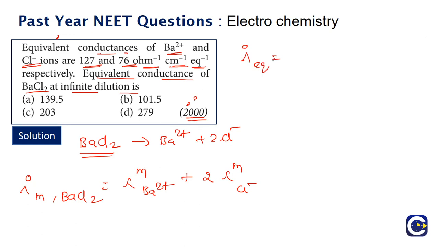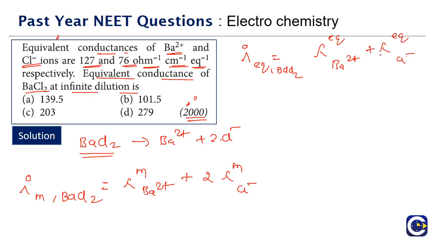equivalent conductivity will mean that much amount of substance which can exchange 1 mole of electrons. The cation part also will be the amount that can exchange 1 mole of electrons, and the anion part also will be the amount that can exchange 1 mole of electrons. So the equivalent conductivity of BaCl2 will be the equivalent conductivity of Ba2 plus ions plus the equivalent conductivity of Cl minus ions.